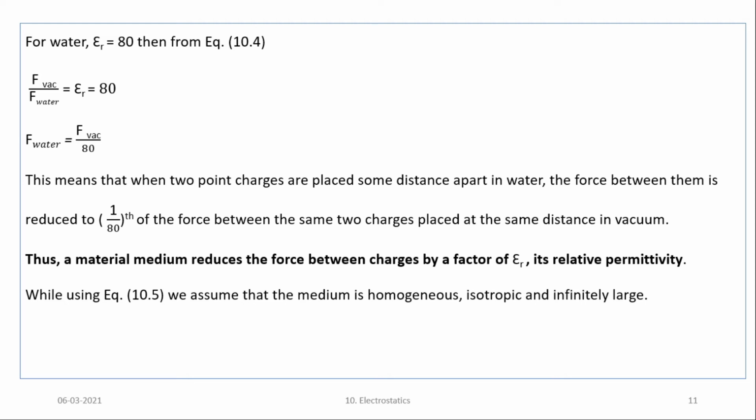That means the interactive force in water reduces to 1/80th that of in vacuum. Thus, a material medium reduces the force between charges by a factor of relative permittivity, that is epsilon r.